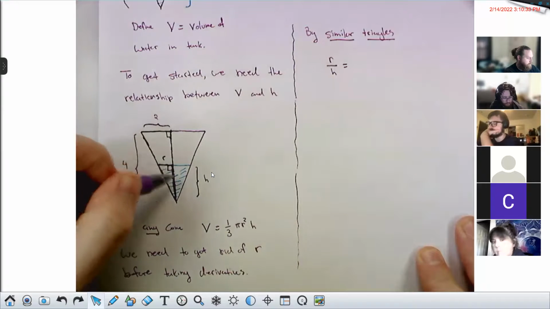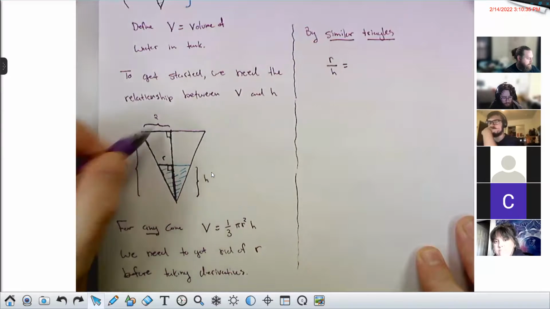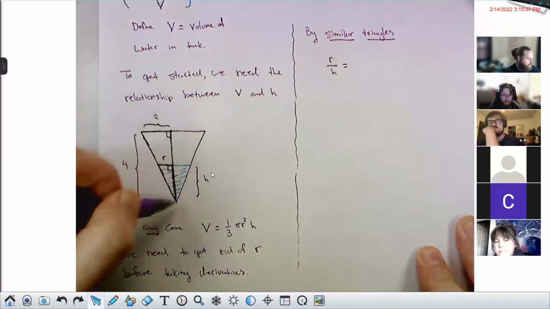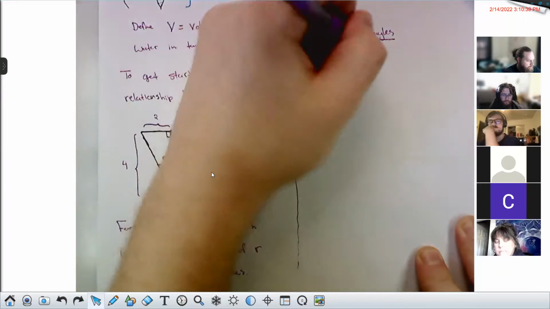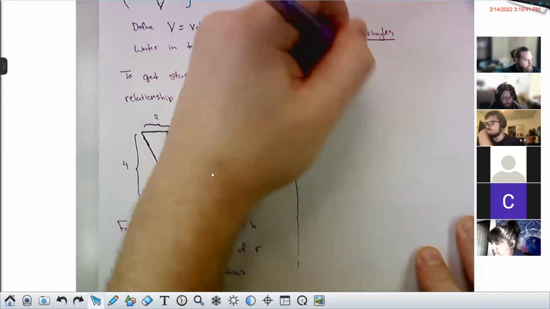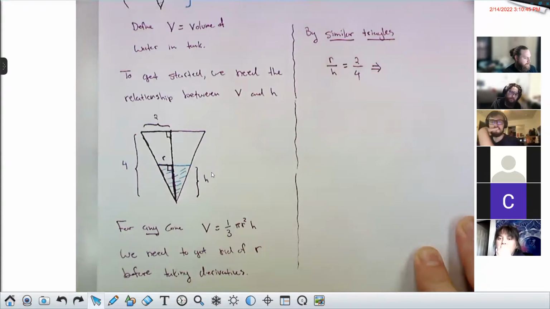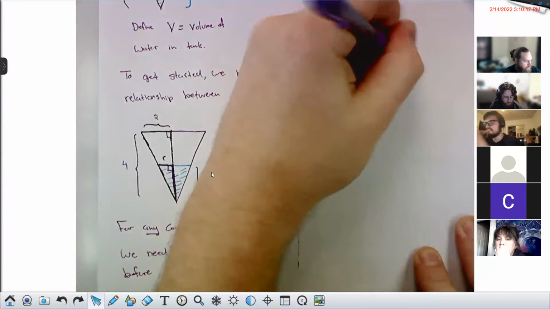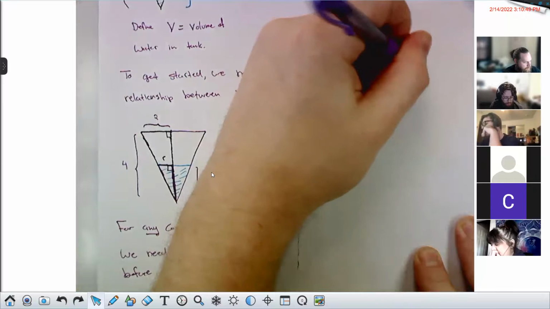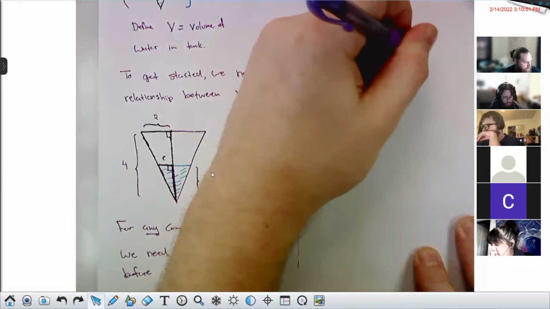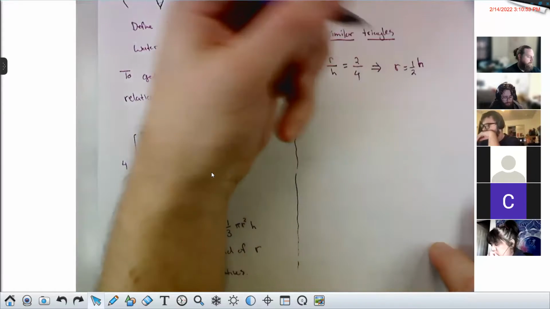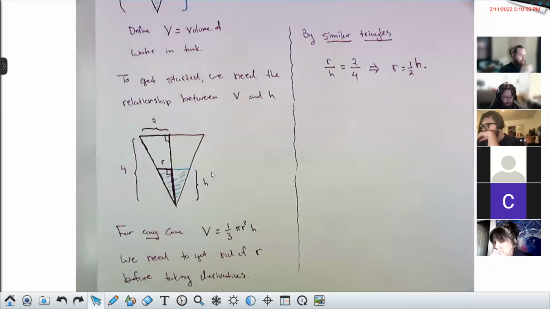This length over this length must be equal to this length over this length. And multiply both sides by h, you get r is equal to 1/2 times the height, h. And this is what we're going to use to get rid of the variable r in this expression.